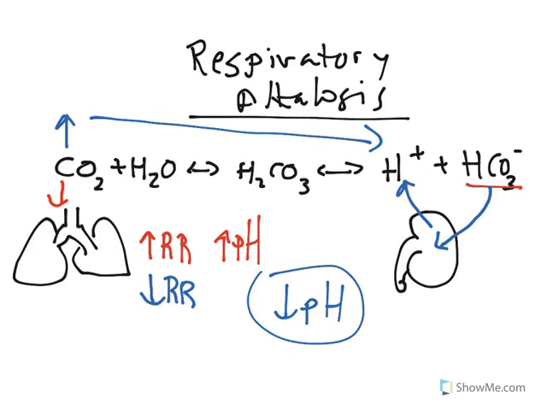And that should be a little bit easier to understand once we get that. Once we understand respiratory, metabolic isn't really that concerning for us. Now, with metabolic issues, once we got this, metabolic should be easy to understand.